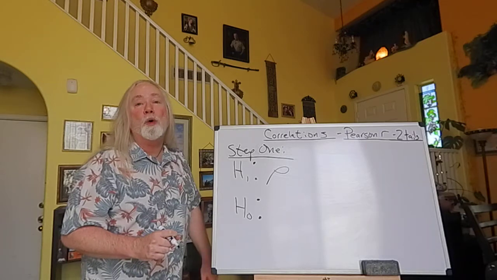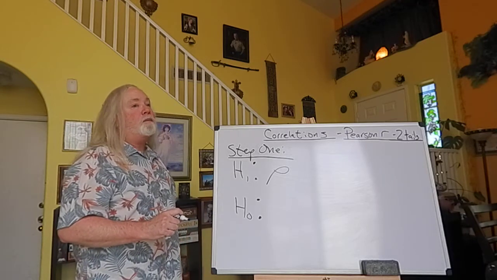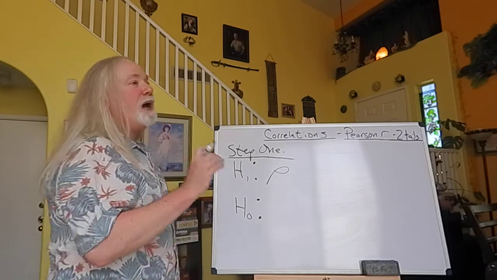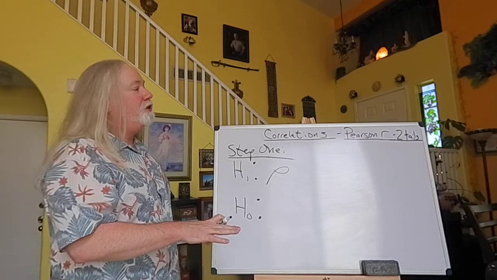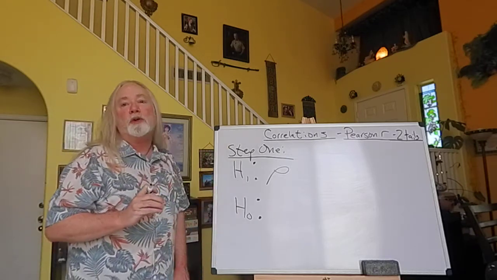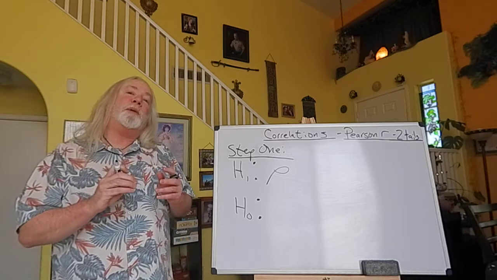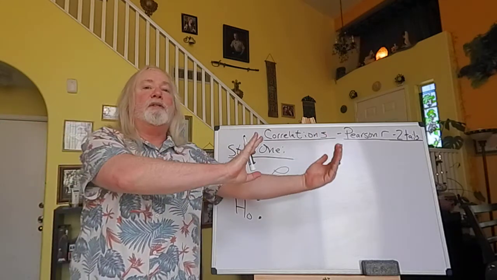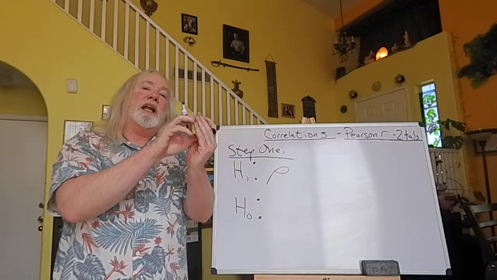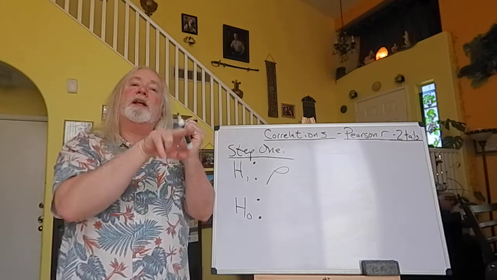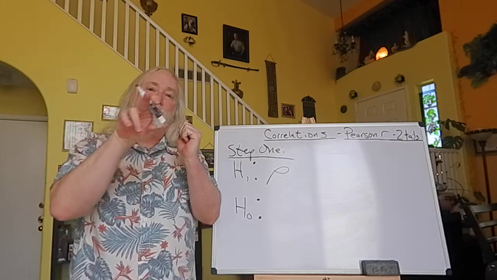So that's rho. Now, what we saw in the PowerPoint slides was that our correlation values are going to range from a value somewhere between +1 and -1. A 0 in the middle is saying there is zero relationship.